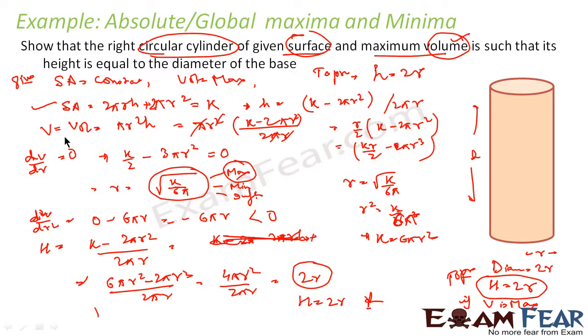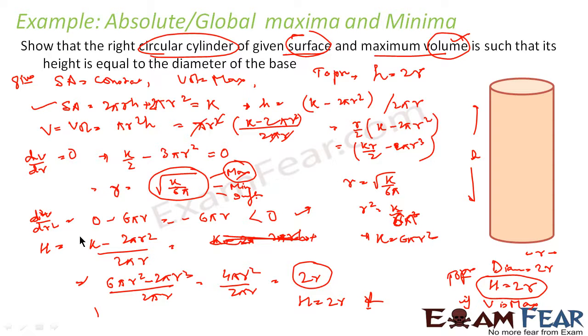To find the maximum value, I converted this into an equation totally in r, replacing h with k minus 2 pi r square by 2 pi r. I found dV by dr and got r to be root k by 6 pi, but I didn't know if it was maximum or minimum. I double differentiated and found it is less than 0, so this is the maximum value.